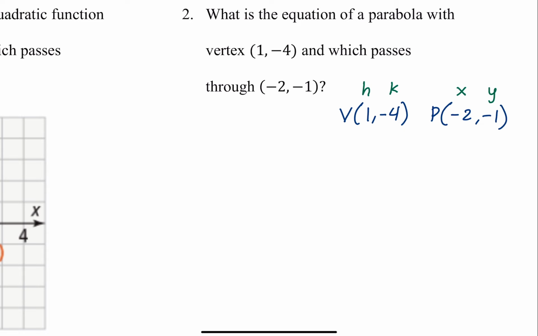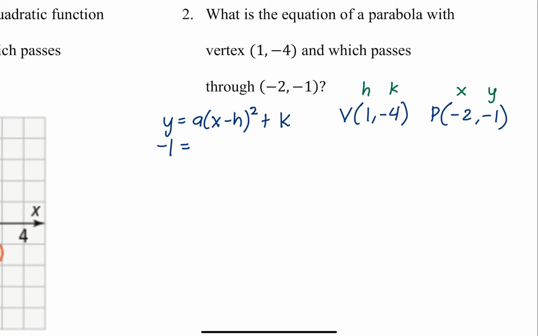Okay? So using the formula for the vertex form, we have y is equal to a times x minus h squared plus k. Now, we're going to substitute the value of h, k, x, and y. So our y is -1.